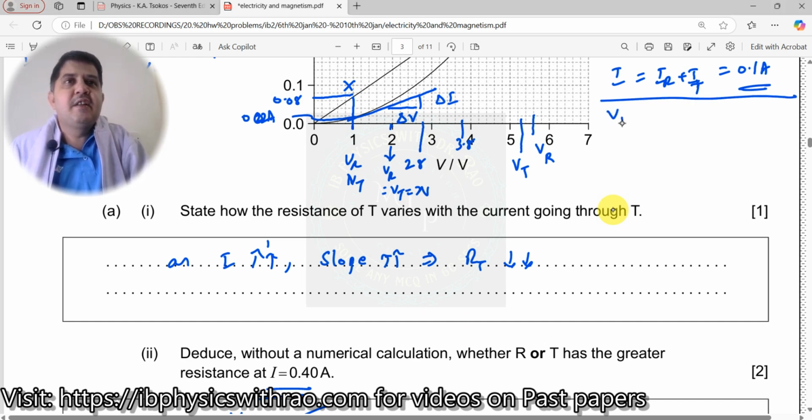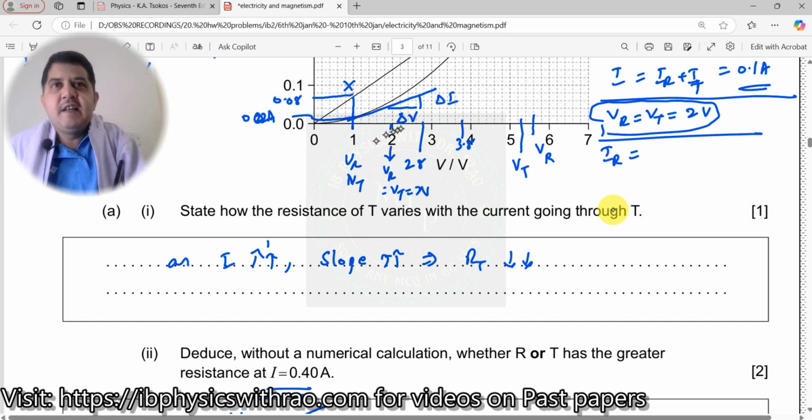So I'll now write VR equal to VT equal to 2 volt, and then let me find out the values of IR. What is IR here? I should draw a line correspondingly at VR equal to VT equal to 2 volt and see where it intersects. It intersects at this point. Which curve is this?